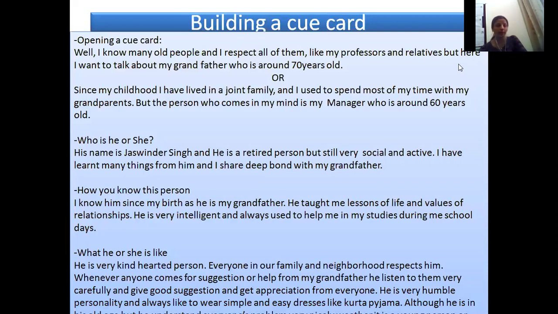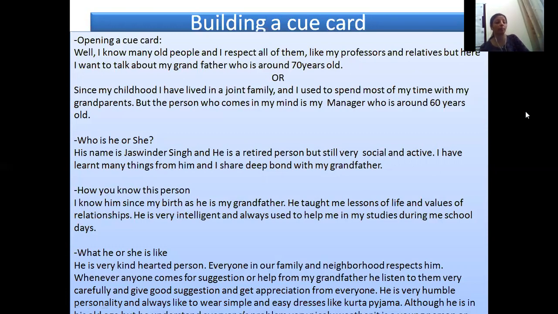If a person is working, they may start their cue card like: since my childhood I have lived in a joint family and I used to spend most of my time with my grandparents, but the person who comes to my mind is my manager, who is around 60 years old. So if the person is working, he or she may mention an old colleague or employee.